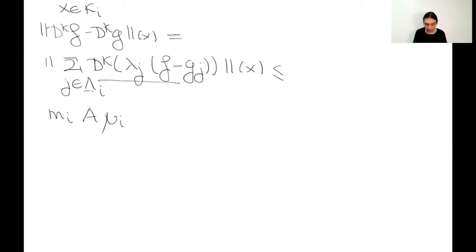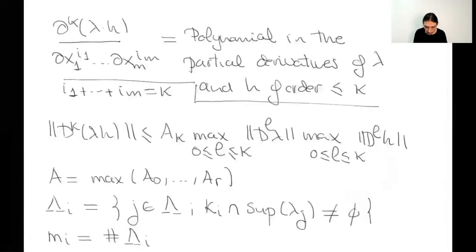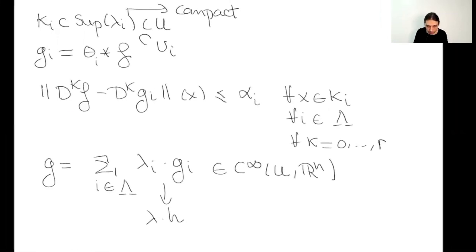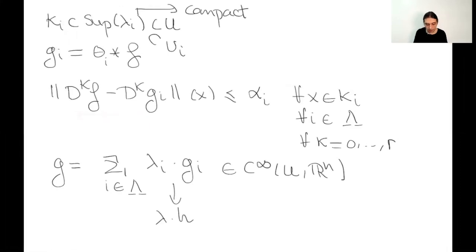But indeed, what we know by construction is that for j sub j, this difference in the support of, okay, and here I think it could be a better idea to consider the support of lambda_i, right?